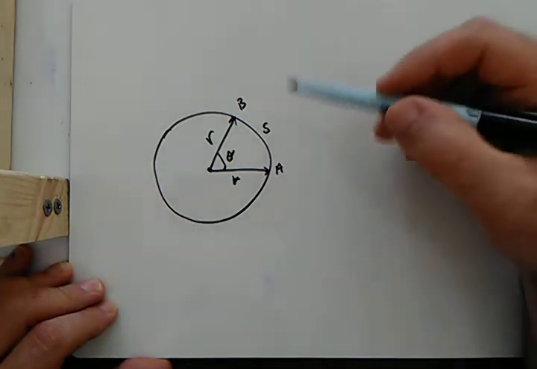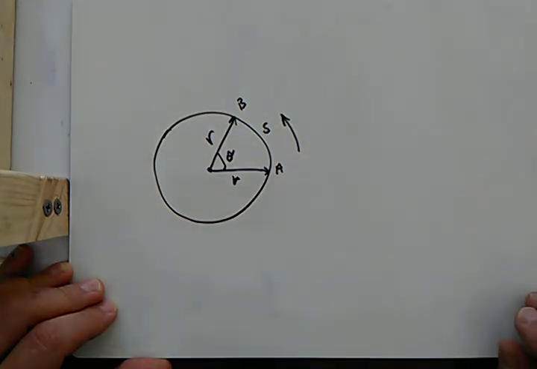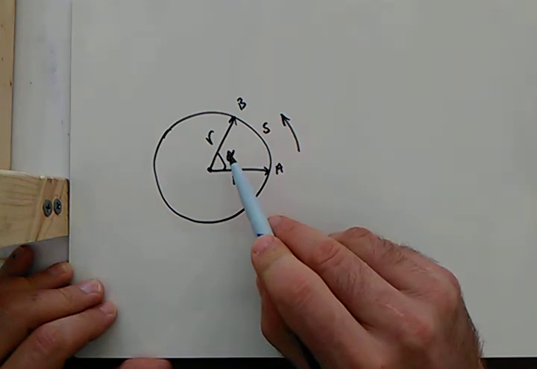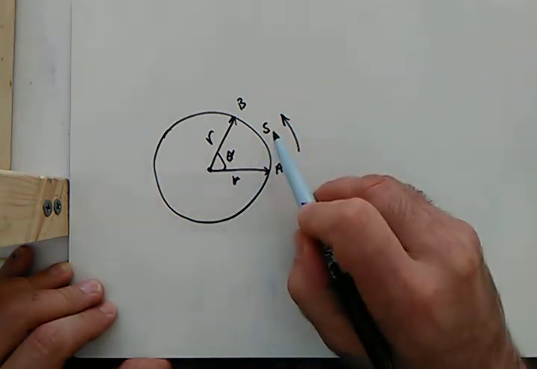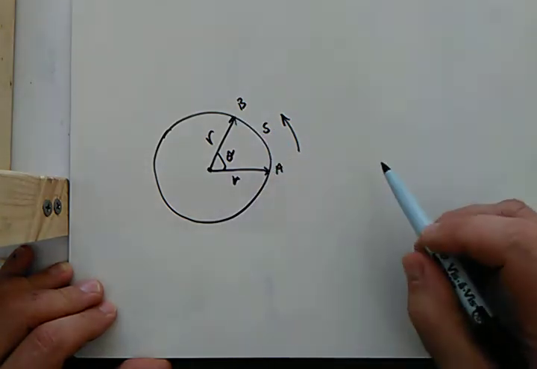So we'll say it starts at point A and then rotates to point B. So I'm going to give you guys a relationship as to how we define this angle here. This angle can be defined using a combination of the radius and the S, the distance that it swings around.